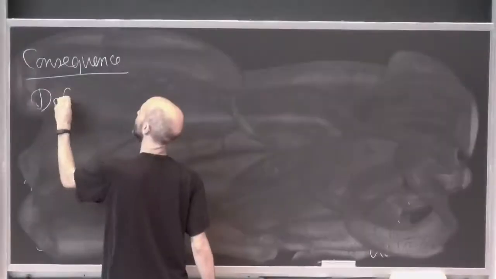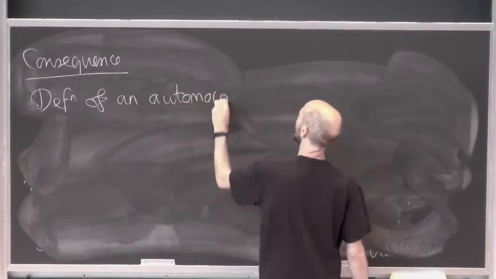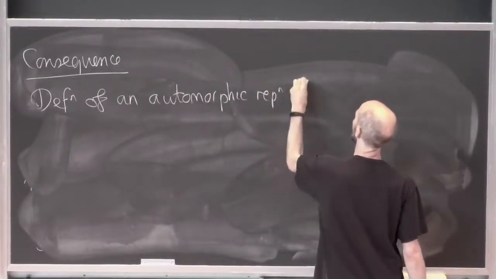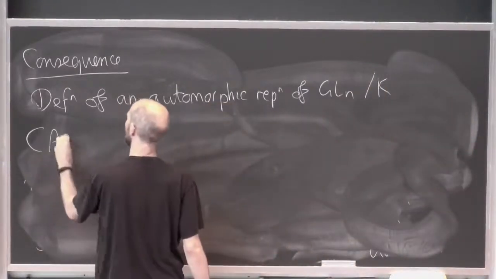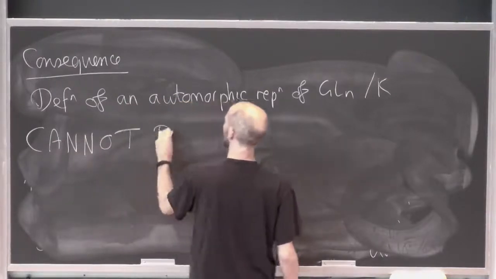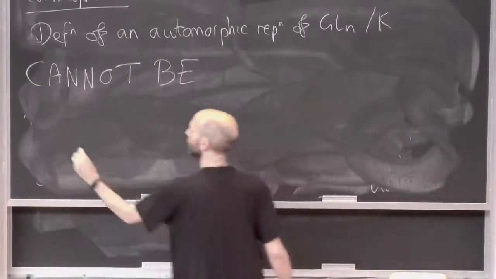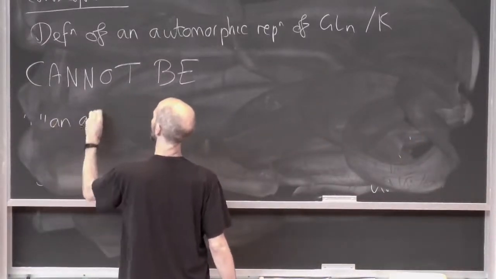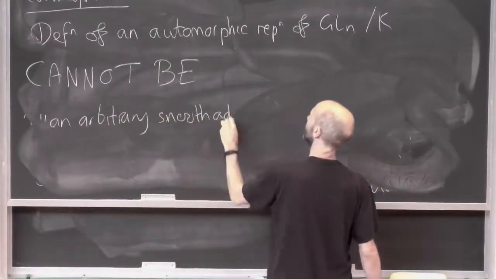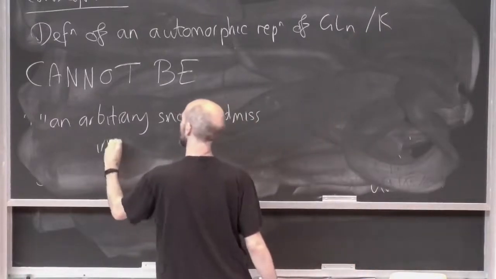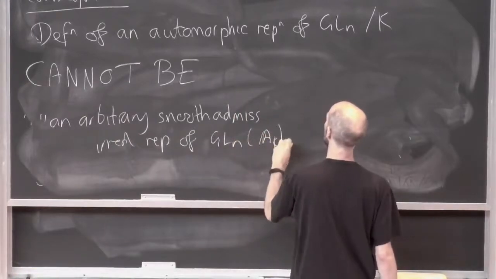The definition of an automorphic representation of GL_n over K cannot be an arbitrary smooth, admissible, irreducible representation of GL_n of the adeles of K.